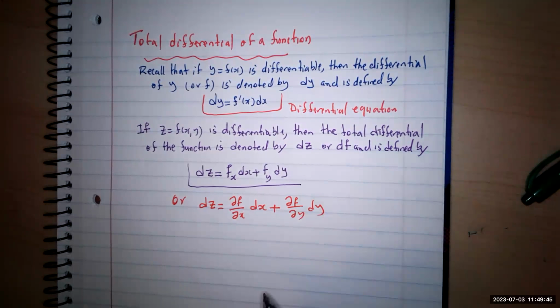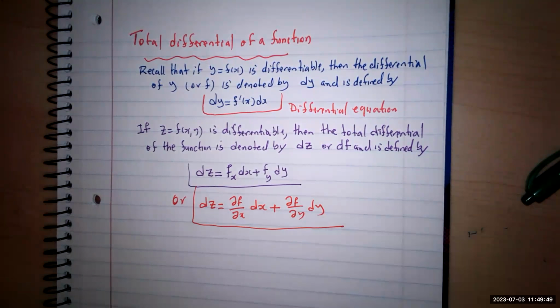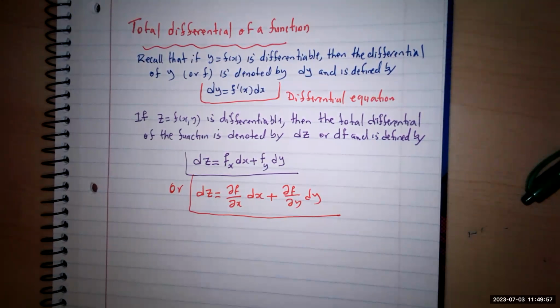Both of them are going to be the same, but they are used in different places. That's it. So this is the differential of the function. You see, instead of the derivative of the function, we define the differential, which can easily be calculated.